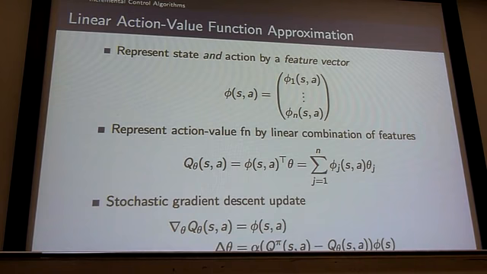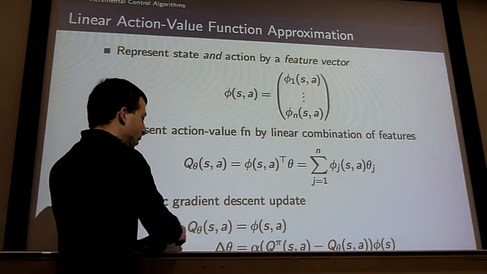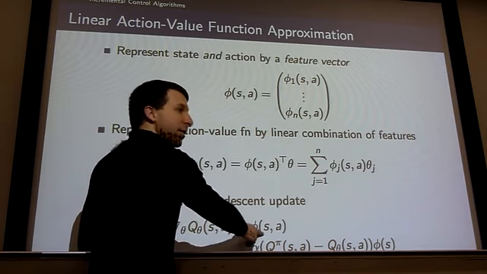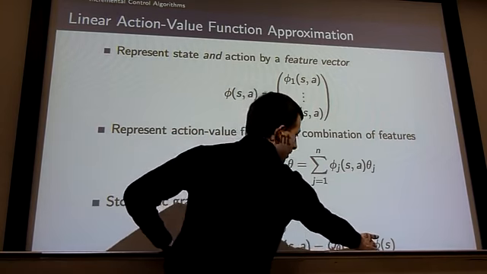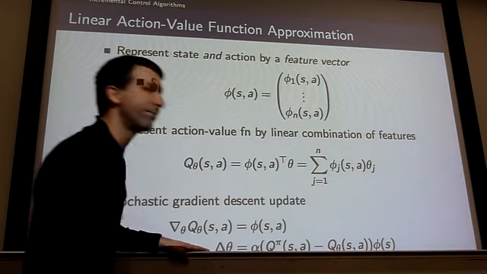Our stochastic gradient descent update becomes very straightforward because the gradient of this function approximator is just the feature vector. So we just update our parameters in proportion to the error and the feature vector.